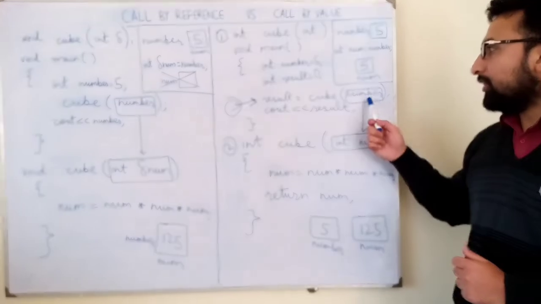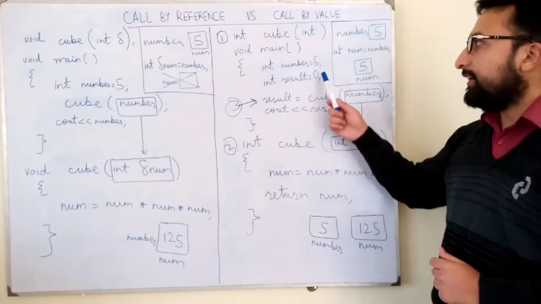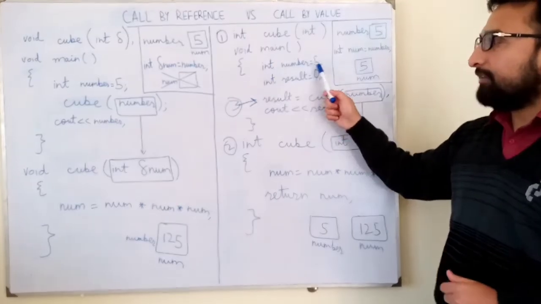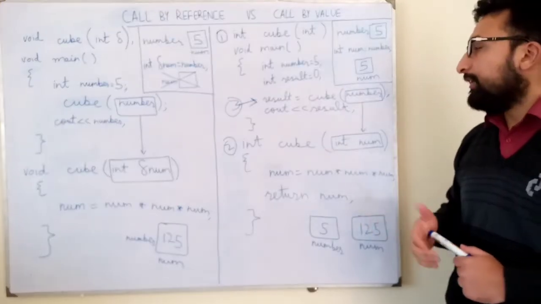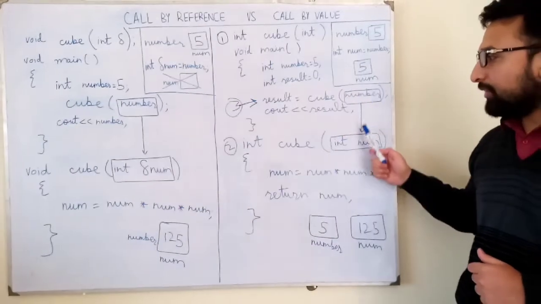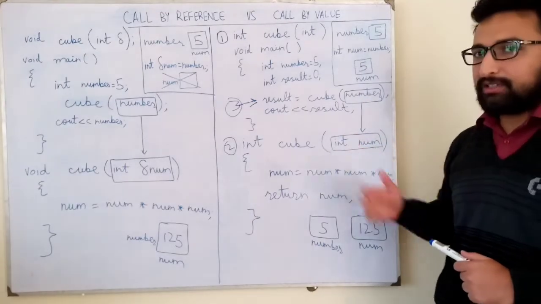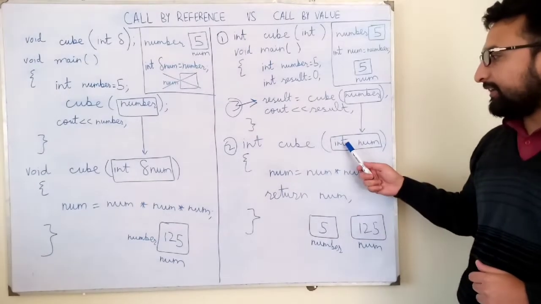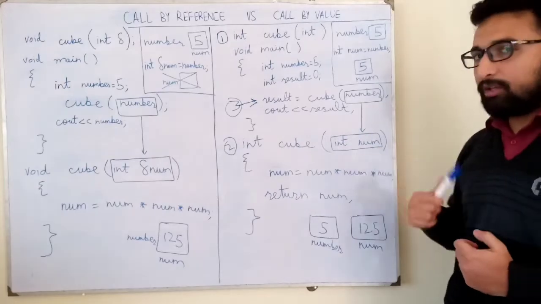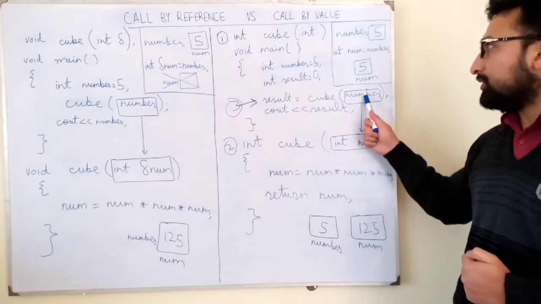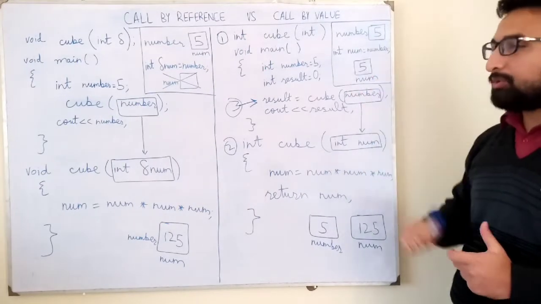Before this call we had the variable number that was holding the value 5. Now as soon as the function call takes place, this statement is the equivalent of int num equals number.